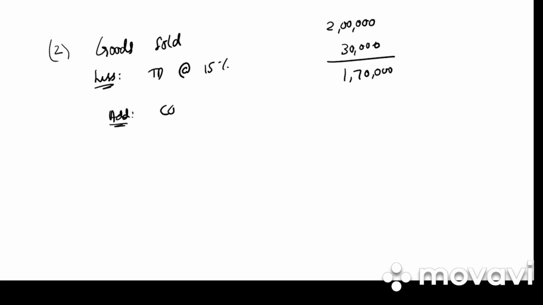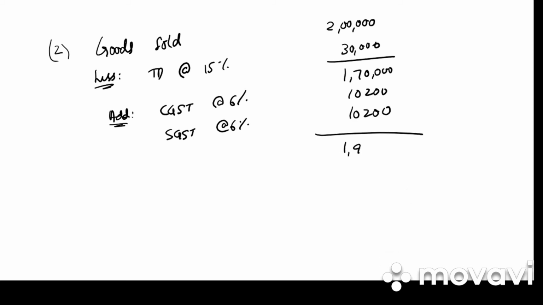Add CGST at 6%, 10,200. SGST at 6%, 10,200. 1,90,400.